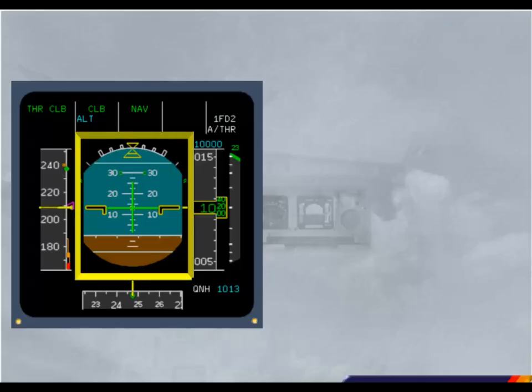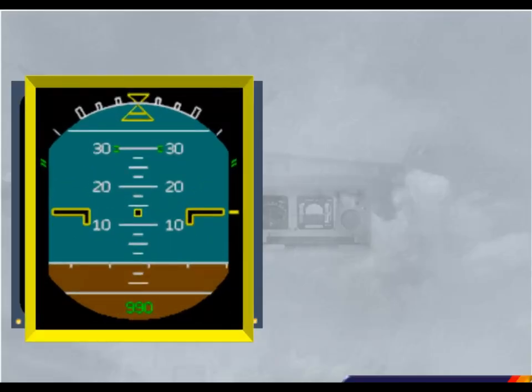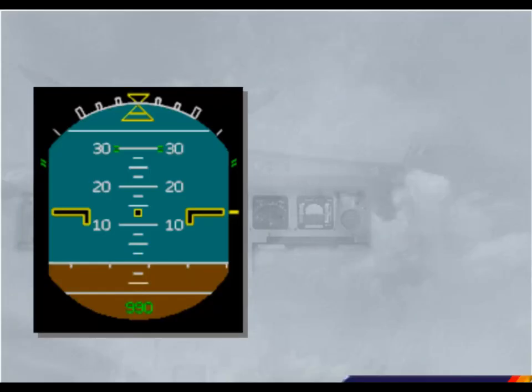Attitude information is shown in the center of the display. The attitude indicator works in the normal sense. The aircraft is represented by 3 black and yellow symbols, which remain fixed.